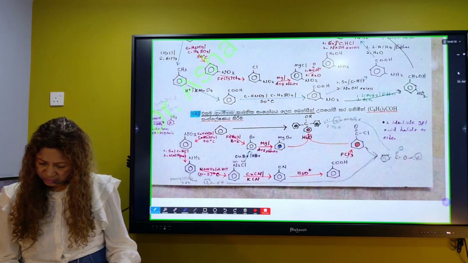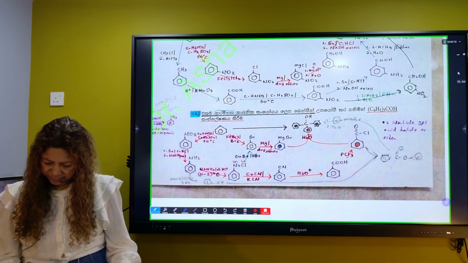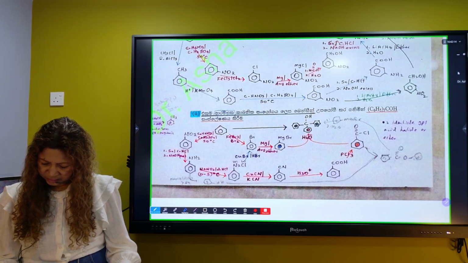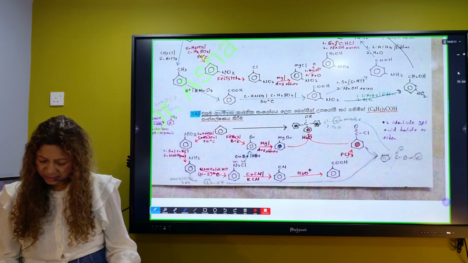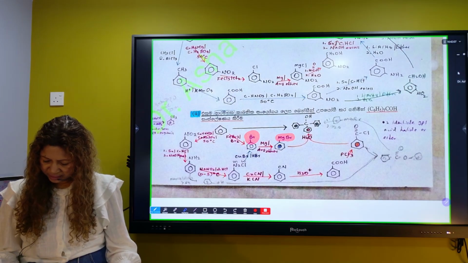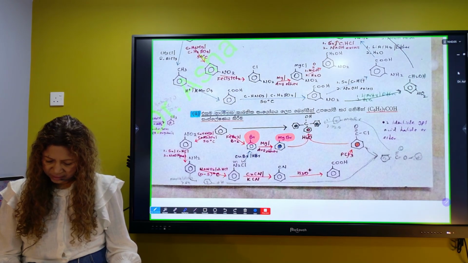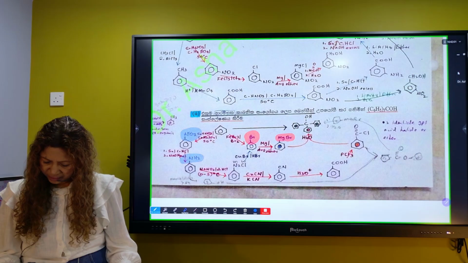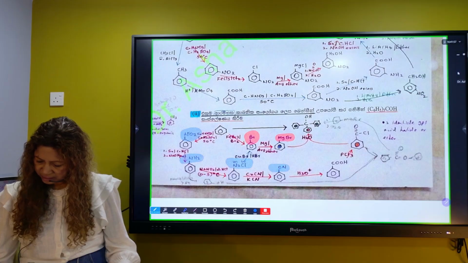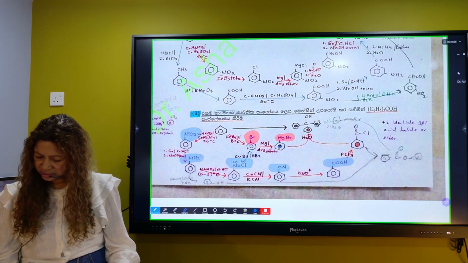Okay, so one side is supposed to be Grignard, so bromine, MgBr, that is the first path. I'm going to go with the second path, and then NO2, NH2, N2Cl, CN, COOH, COCl.